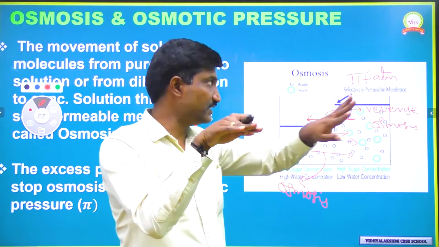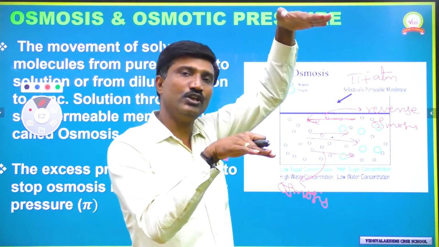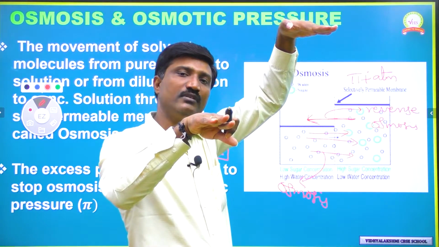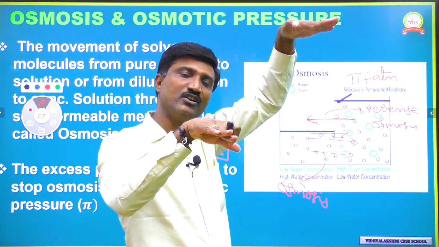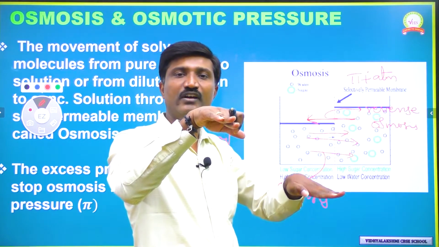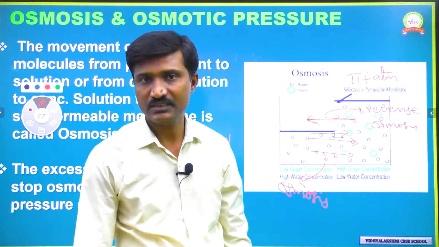If you apply a pressure less than the osmotic pressure, the solution volume increases and the solvent volume decreases. If you apply a pressure in excess of the osmotic pressure on the solution, the solution volume decreases and the solvent volume increases. Is it clear?